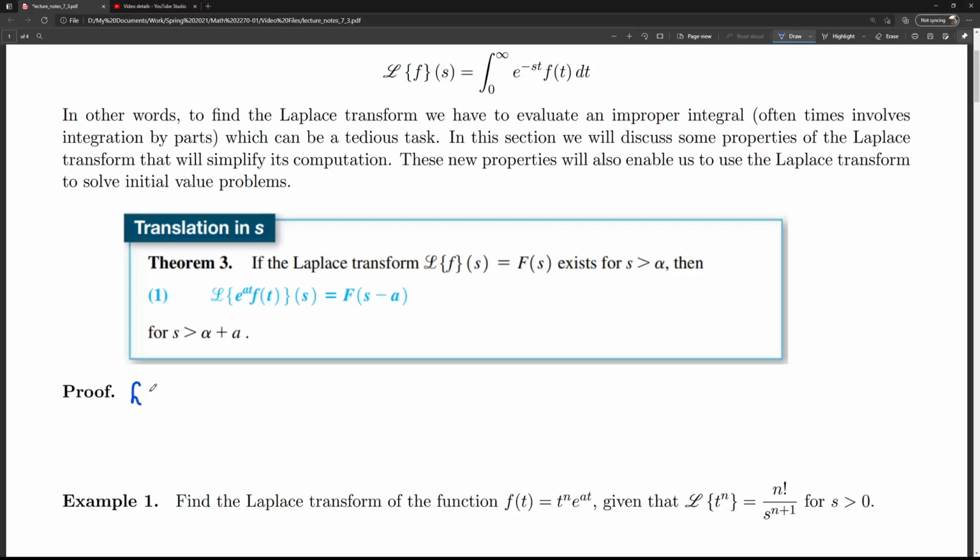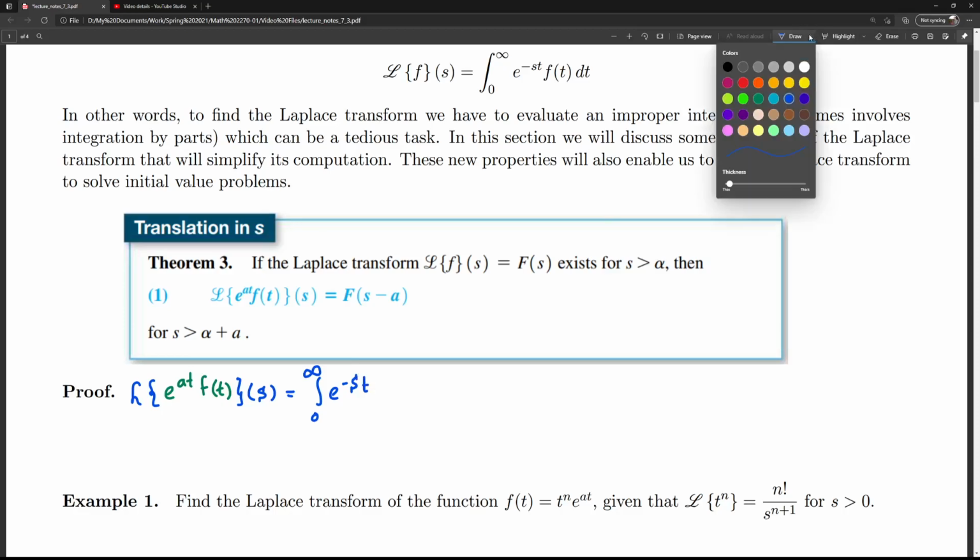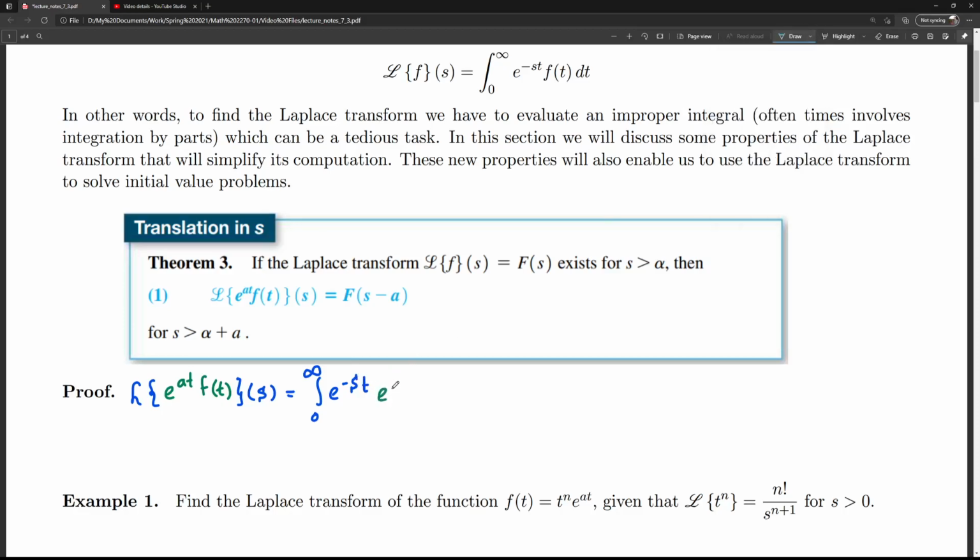So if you take the Laplace transform of the function e to the power at times f of t, then by definition, this is equal to the improper integral from 0 to infinity of e to the power negative st times e to the power at times f of t dt.